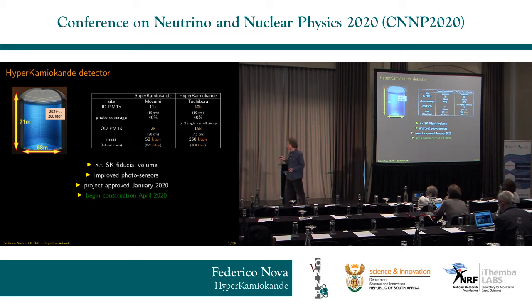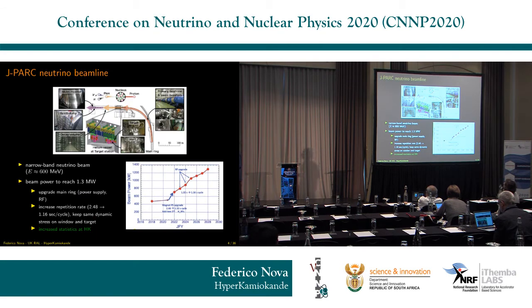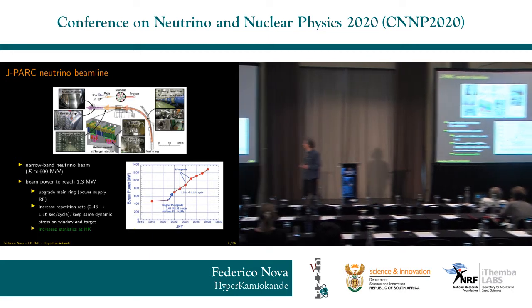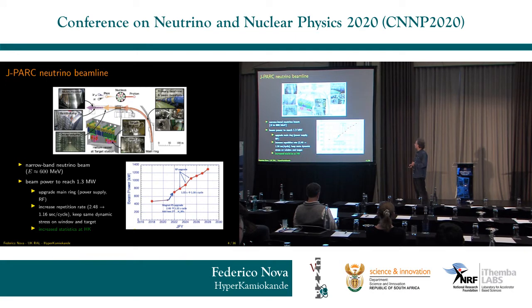So now I go through the different elements of the detector. And of course, it starts, we have a beam, same as T2K, which I should have mentioned in the family of experiments linked to Kamioka.